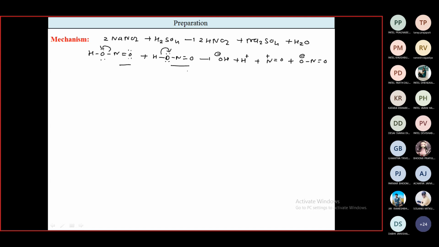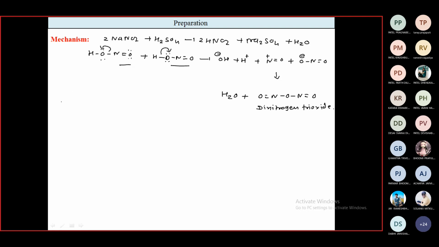Now H plus and OH minus combine to give H2O, and NO2 minus and NO plus combine to give dinitrogen trioxide.